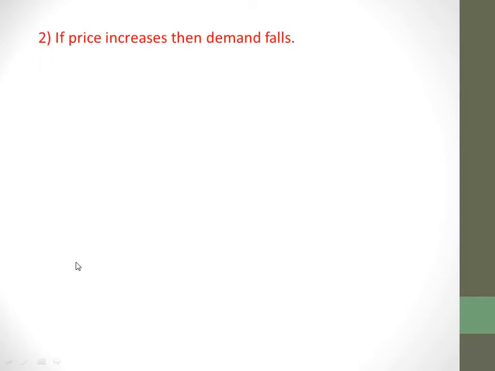Now see another example. If price increases then demand falls. This is an if-then type of statement, meaning implication. In the answer, first of all we consider P is equal to price increases and Q is equal to demand falls.